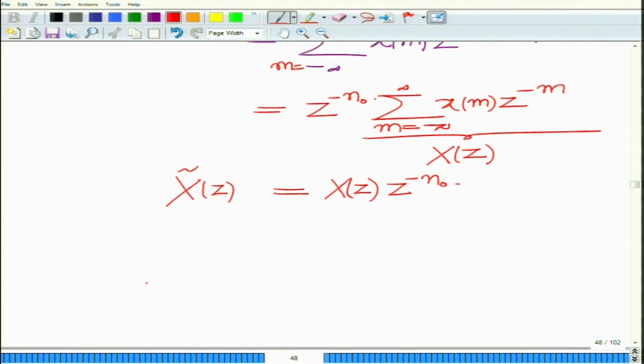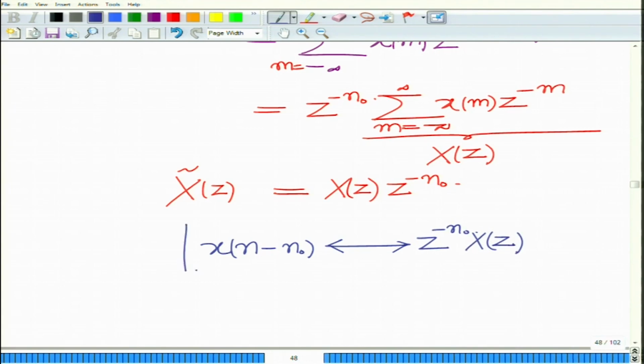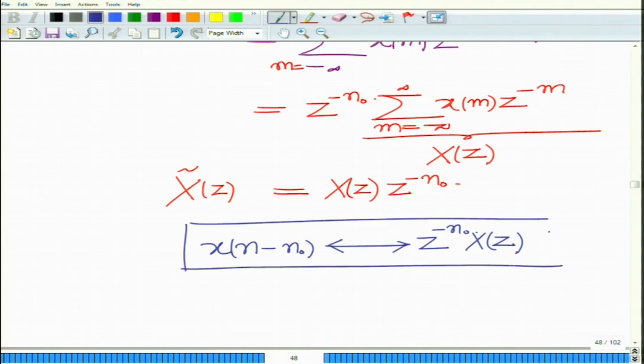Or basically to say, x of n minus n naught, a signal delayed by n naught, has z transform z raised to minus n naught times x of z.